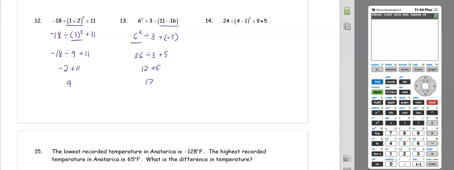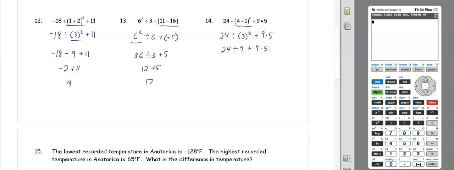In 14, we have 24 divided by parentheses 4 minus 1, squared, plus 9 times 5. So first we're going to do our parentheses. 4 minus 1 is 3, so we have 24 divided by 3 squared plus 9 times 5. So 3 squared is 9, so we have 24 divided by 9 plus 9 times 5.